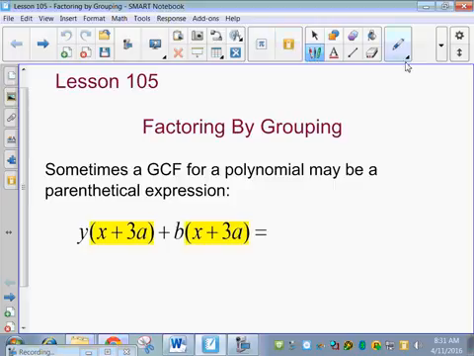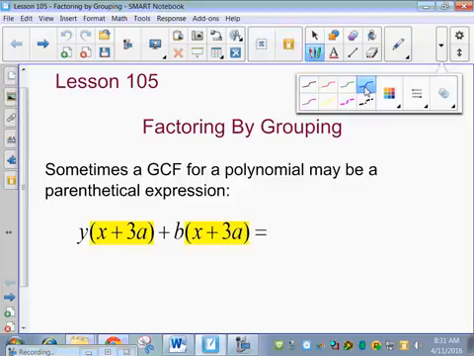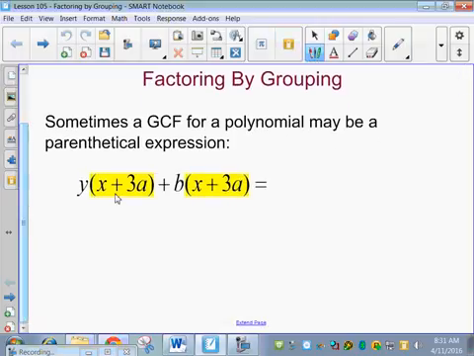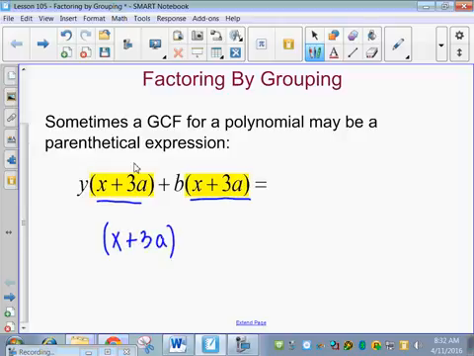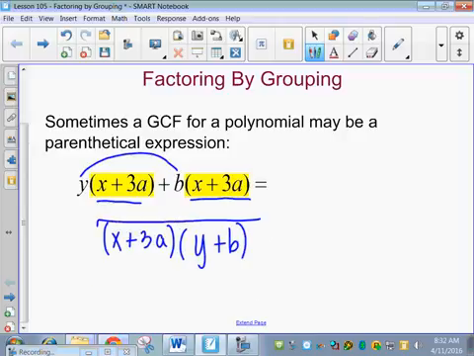In other words, this whole expression right here, the GCF is actually what's in common, the parentheses, right? So if I pull those parentheses out, x plus 3a, what's left over is what's not in the parentheses, y plus b. And that is your answer, okay?